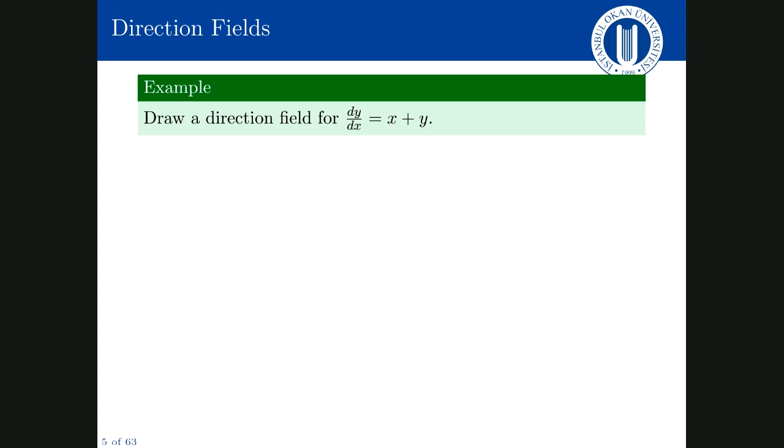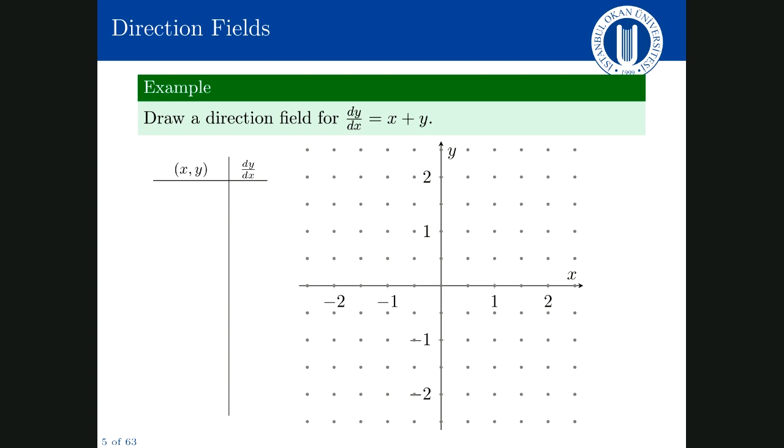And I'm going to do this example. Draw a direction field for the differential equation dy dx is equal to x plus y. I'm going to draw this between minus 2.5 and 2.5 on each axis. On each one of these dots, we need to draw a little arrow to show the slope of the solution.